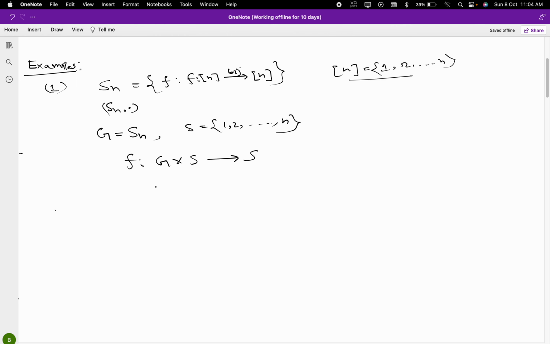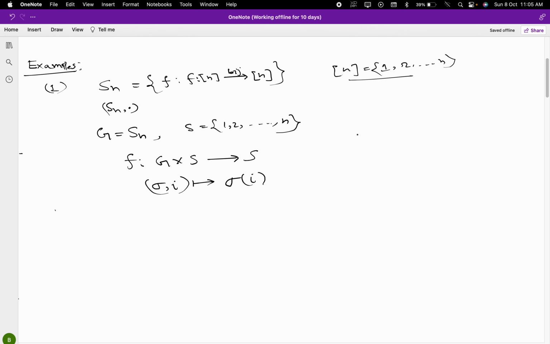You take any element sigma of Sn and i an element of S. Whenever I write the pair, it should be understood that sigma is an element of Sn and i is an element of S. And I define this to be sigma of i.